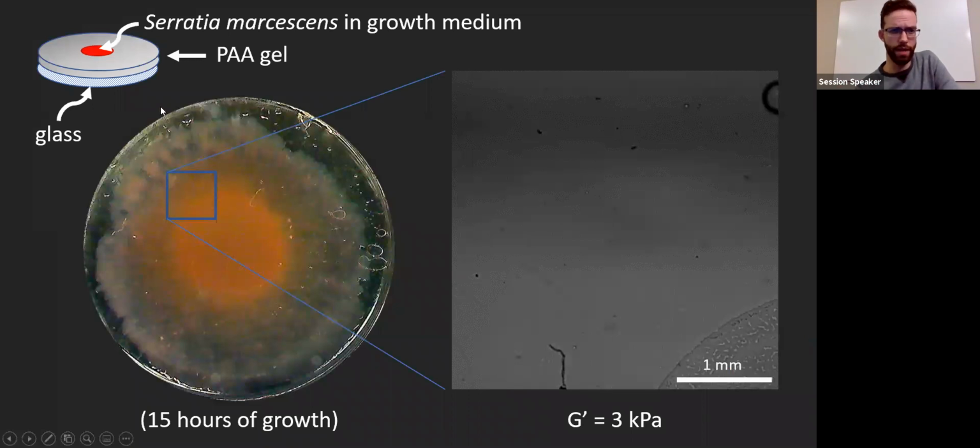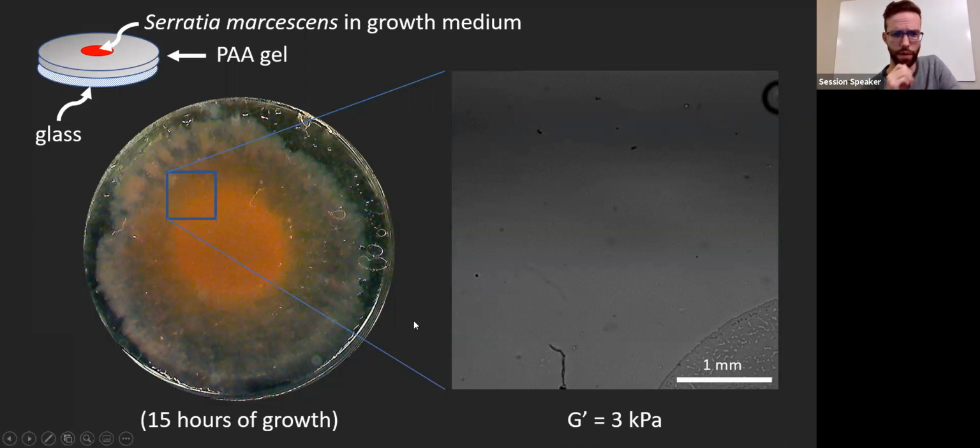So that's what we did. We prepared many different polyacrylamide hydrogels on glass cover slips, and we inoculated a bacterial solution of Serratia marcescens with growth medium onto each of those gels. Now, Serratia marcescens produces this bright red characteristic pigment as it grows, which you can see in this overhead view of a fully grown biofilm after about 15 hours of growth.